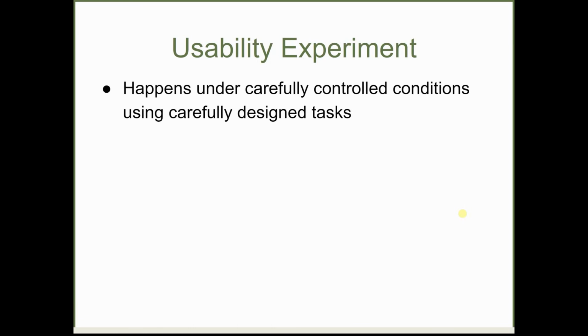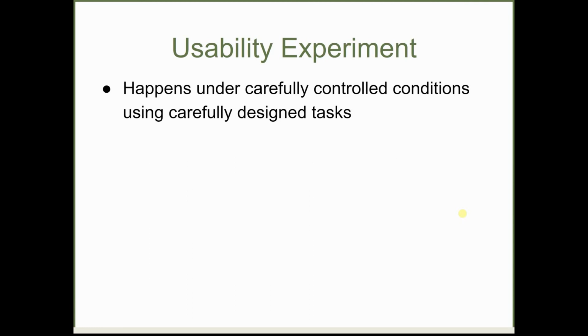Usability studies also happen in a distraction-free, controlled environment, but for a usability experiment, you have to be even more strict when it comes to controlling the conditions of the environment. Sometimes usability experts go as far as controlling the temperature of the room.